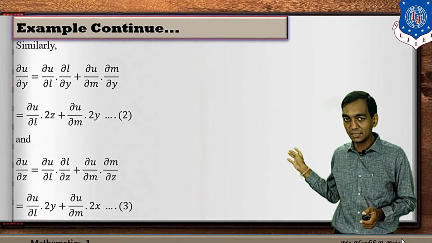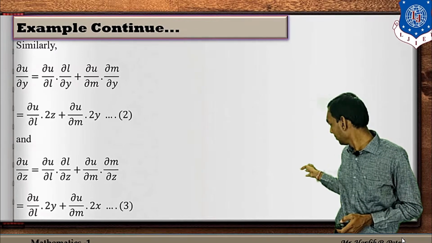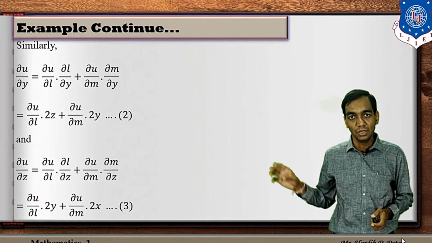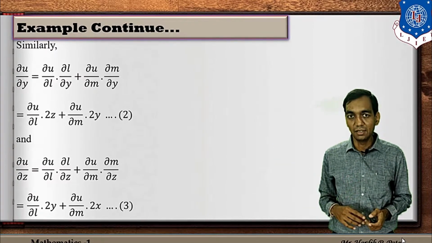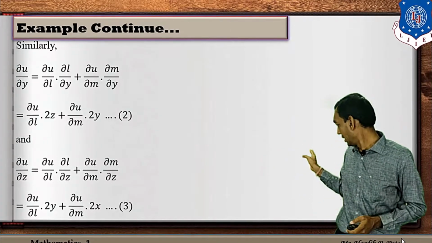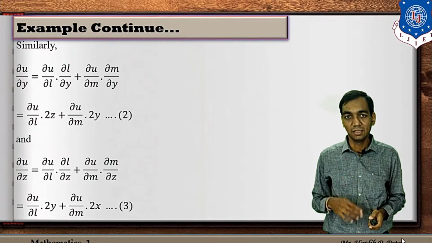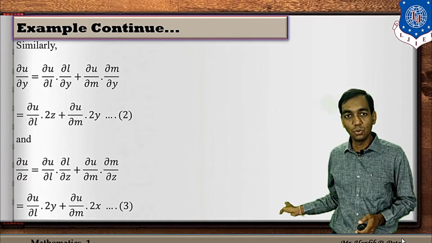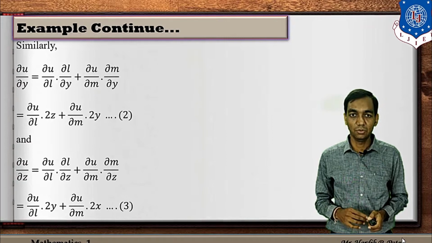In the same manner del u by del z will be del u by del L into del L by del z plus del u by del M into del M by del z. And del L by del z has a value 2y, del M by del z has a value 2x. So you have del u by del L into 2y plus del u by del M into 2x.